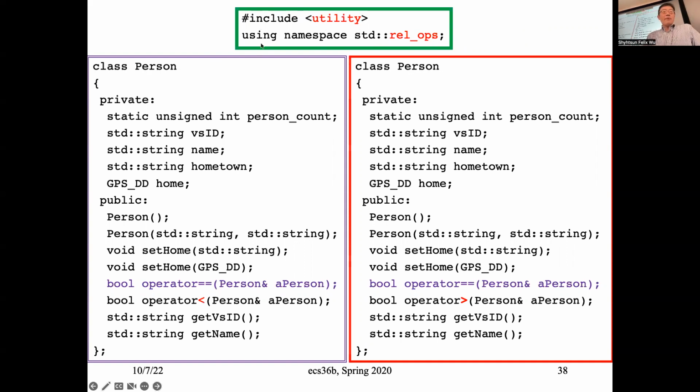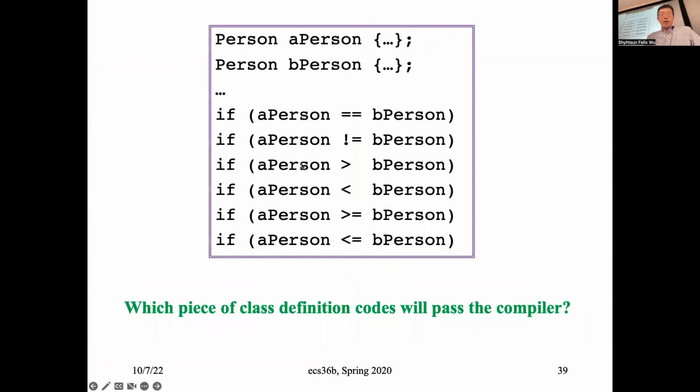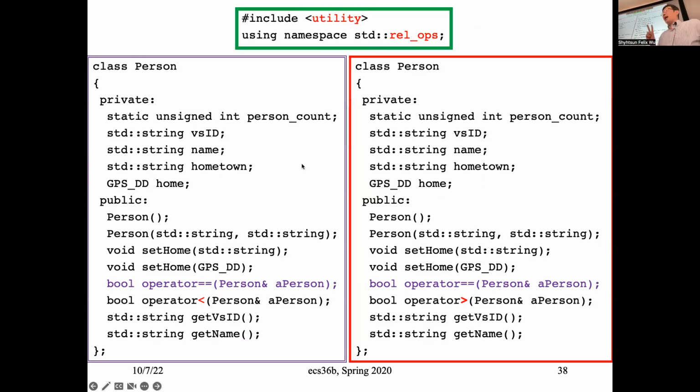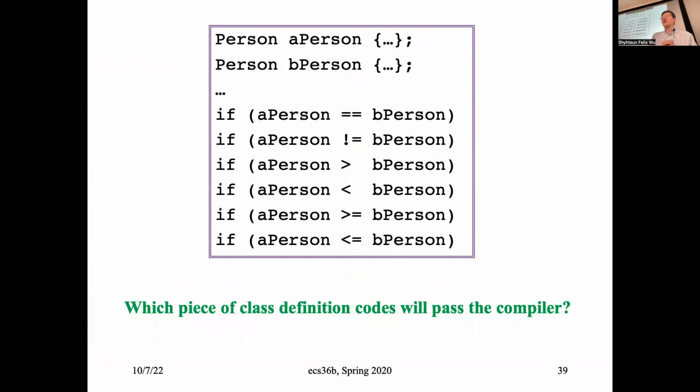The second one, I have to say I'm using namespace std::rel_ops. If you include those 2 lines, then, as I said, there are 6 overloadable relational operators. You only need to specify 2 of them.